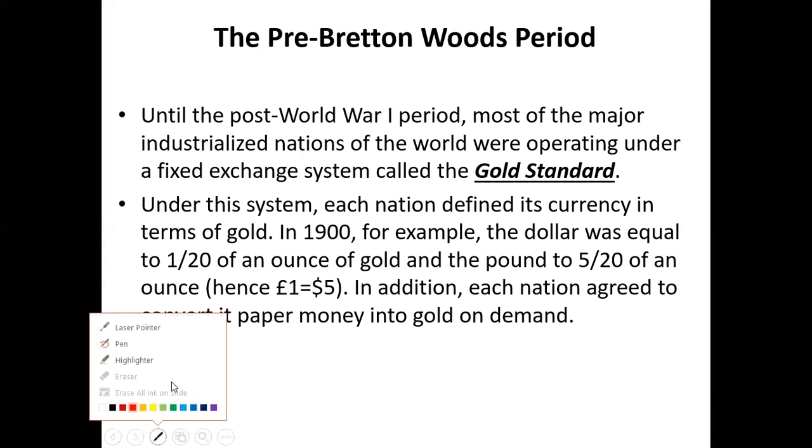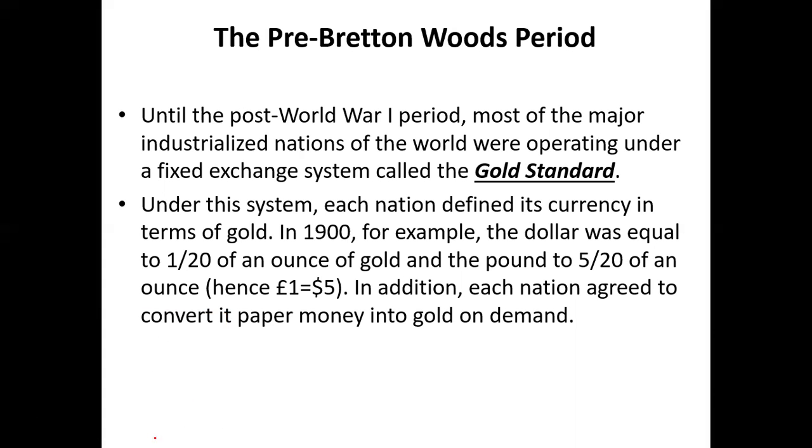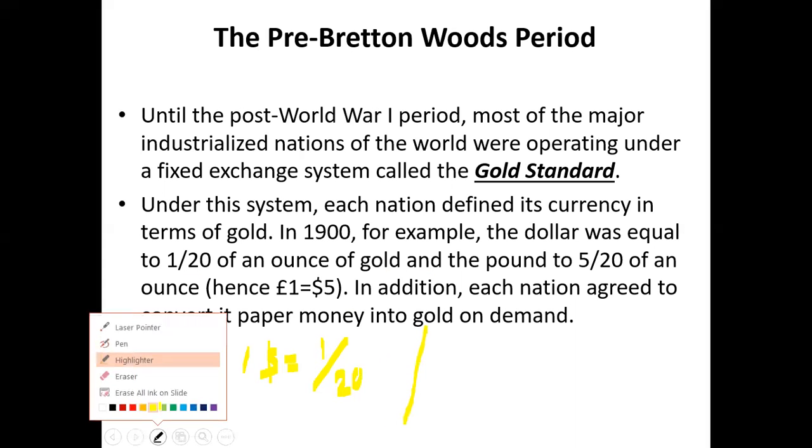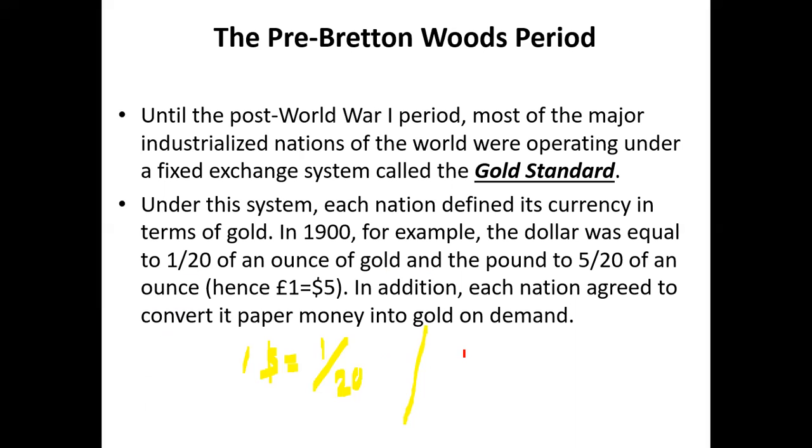In this example, it is very clear. So here, $1 is equal to 1/20 ounce of gold, whereas 1 pound is equal to 5/20 ounce of gold.